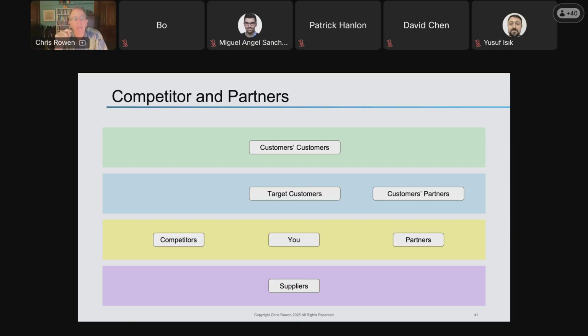In some cases, you not only want to know who the customer's customers are, you even want relationships with the customer's customer. You think about the old Intel Inside campaign. That was basically a consumer marketing effort to the customers of Intel's customer.